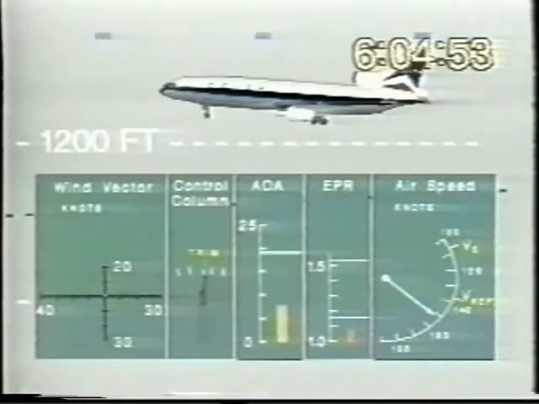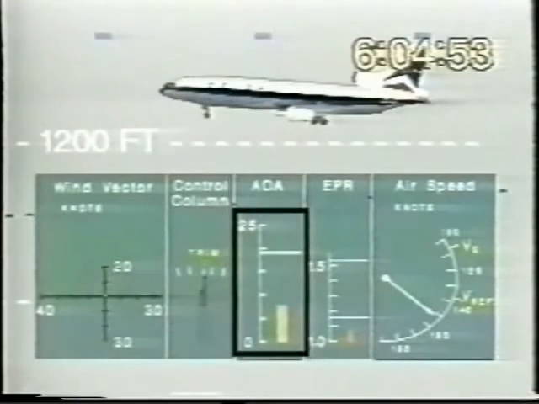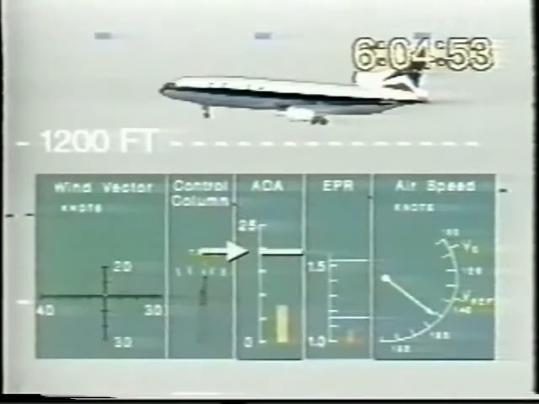On the energy indicator, we have the VREF for the airplane right here, and then 10-knot increments. Right now, he's about plus 15. On the lift indicator over here, we have an analog angle of attack indication, and that bar right there is stick shaker alpha, what we know as CL max, okay? And then 24 under the 25, that would be stall alpha or flow separation.